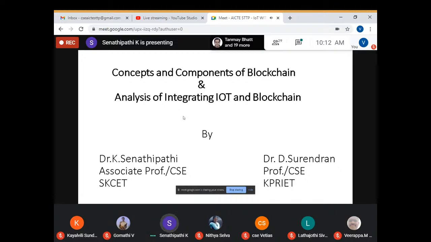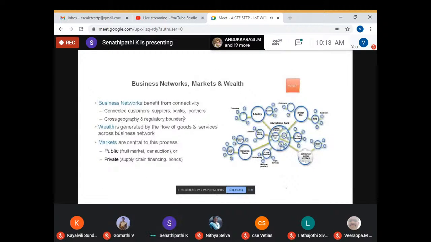So since it has a hash value, it is more secure, right? So tampering is not possible in case of blockchain technology, right? So that's the introduction part about blockchain technology. So let's move on to the various terminologies in blockchain technology, right?